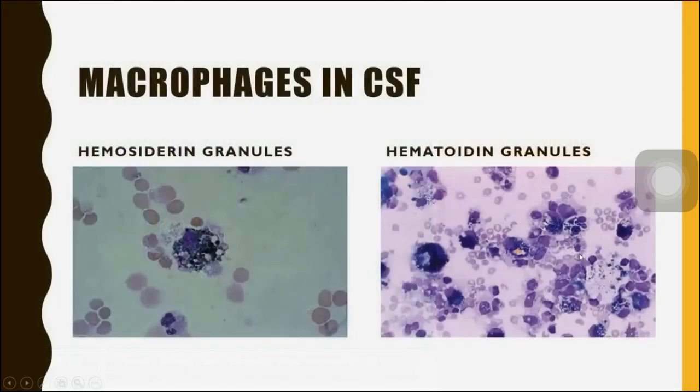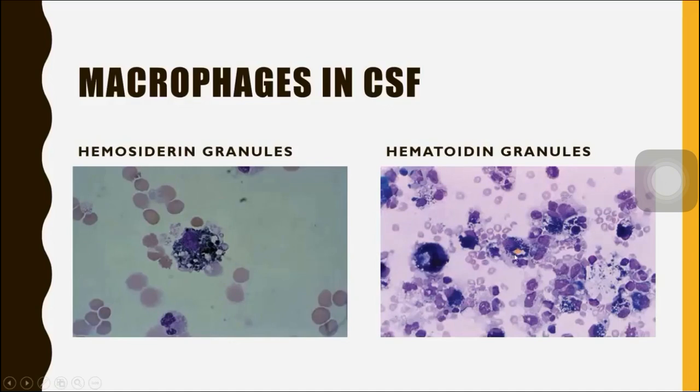It can either be hemosiderin granules or hematoidin granules, both of which are present because of previous hemorrhage or a hemorrhagic condition. The basic difference between the two is that hemosiderin contains iron, meanwhile hematoidin is a non-iron containing degradation form of hemoglobin. Again, don't forget, hemosiderin contains iron, meanwhile hematoidin is non-iron containing.